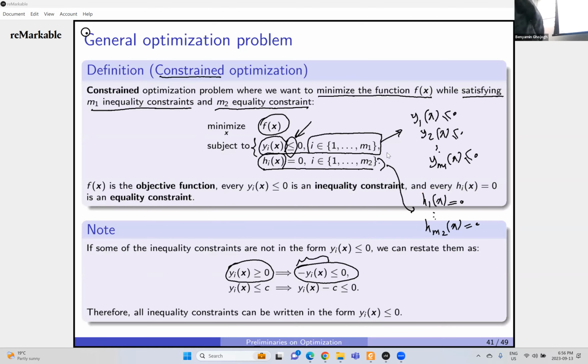For each of these inequality constraints, if it is greater than or equal to 0, simply multiply the sides by -1, right? The second question which arises: why have I put 0 on the right-hand side of both equality and inequality constraints? It can be anything, right? Why have I put 0?